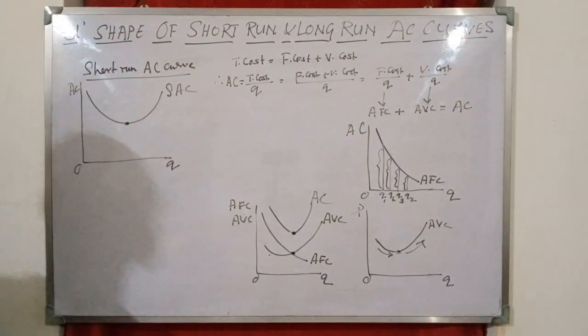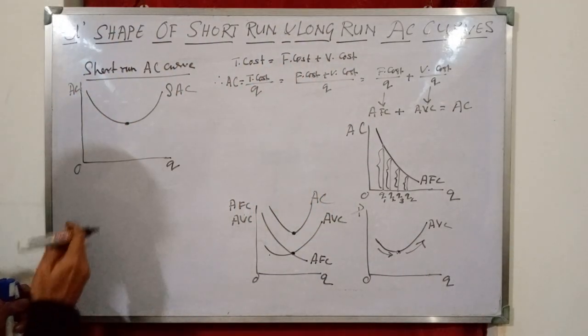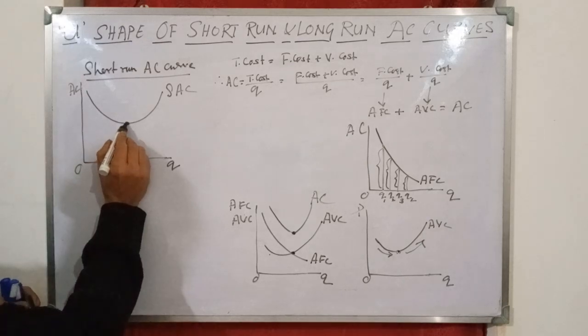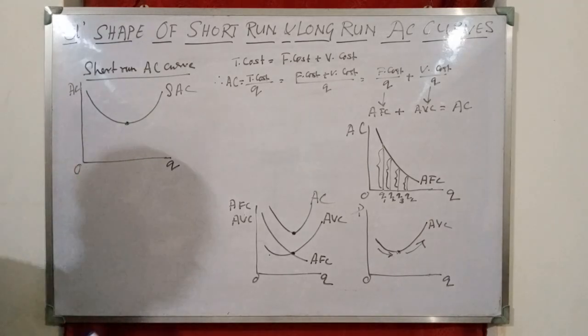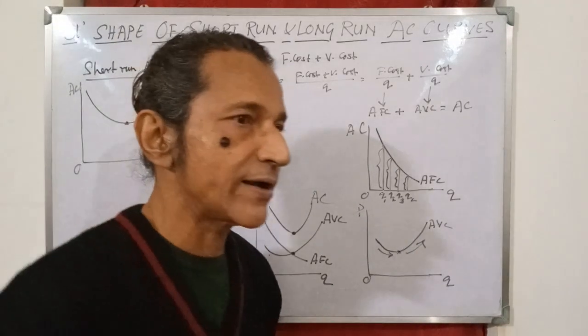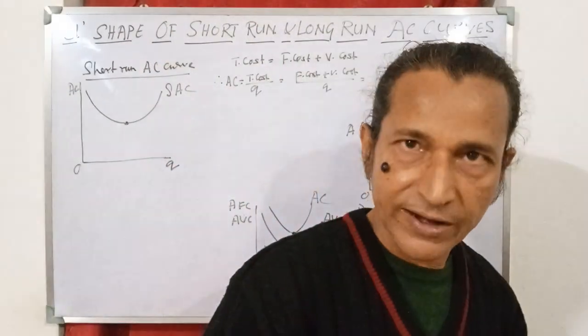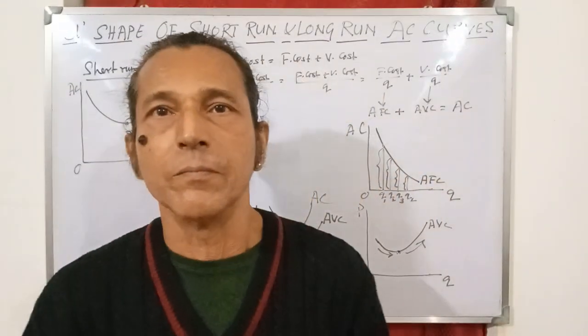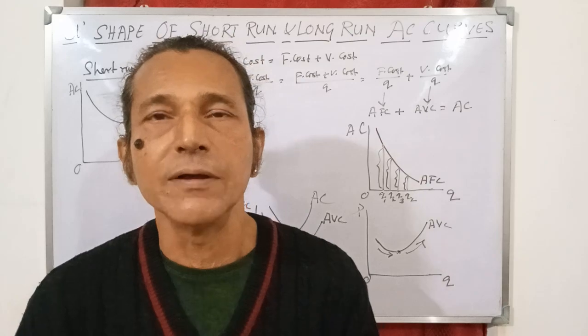And as a result, the average cost comes down, it falls. The balance between fixed factors and variable factors becomes more and more efficient.